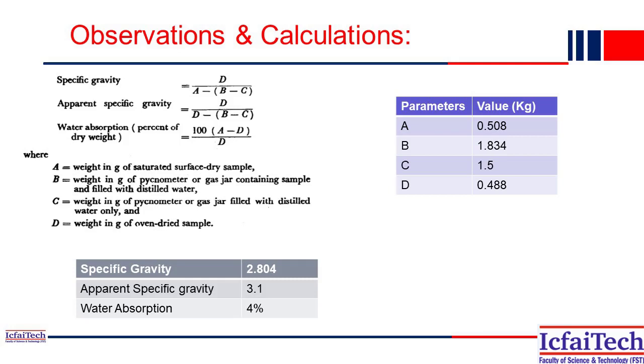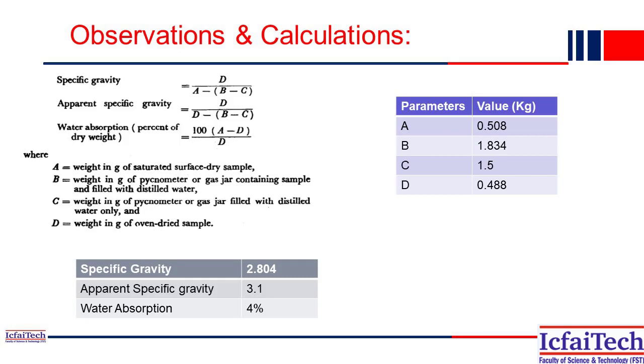A is the sample after 24 hours we keep in water and then remove the water. When surface dry, the aggregate weight is 0.508 kg. Now B is the weight of aggregate plus water plus pycnometer, that is 1.834.